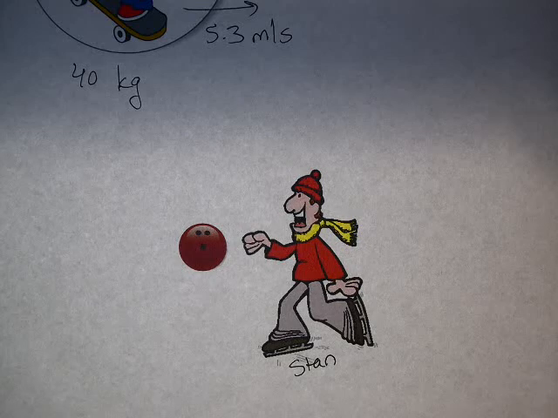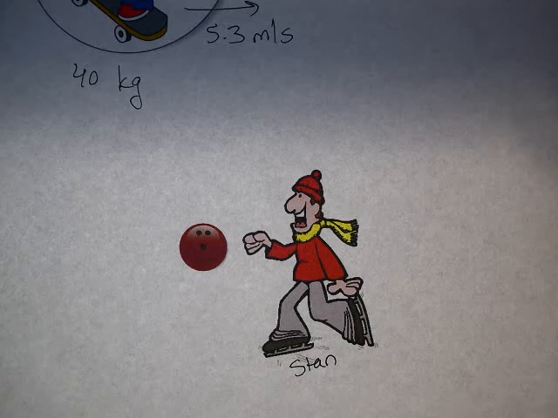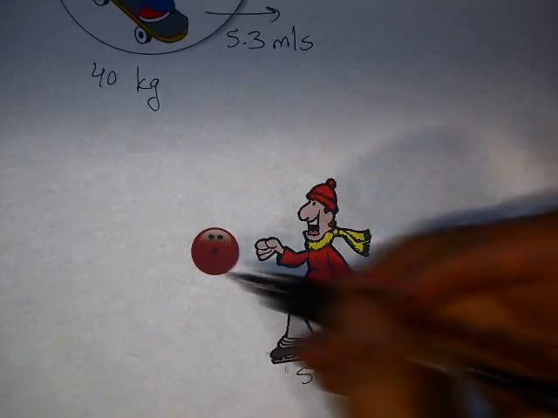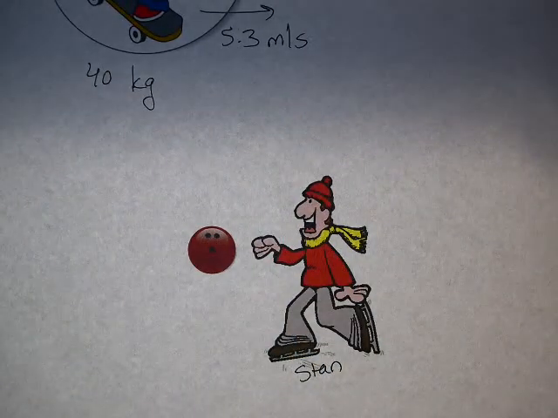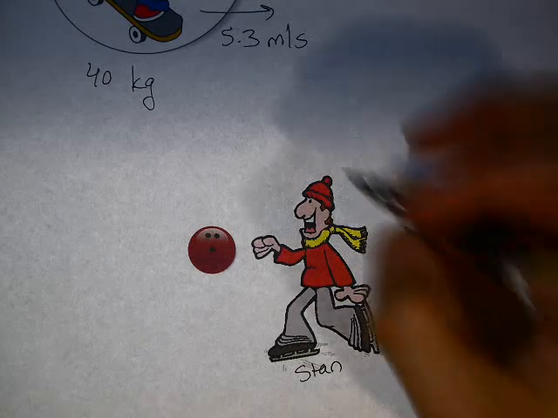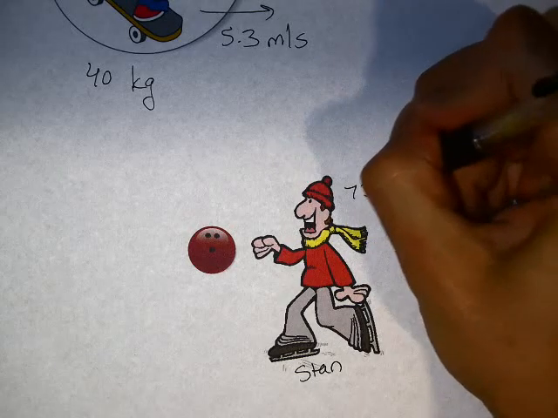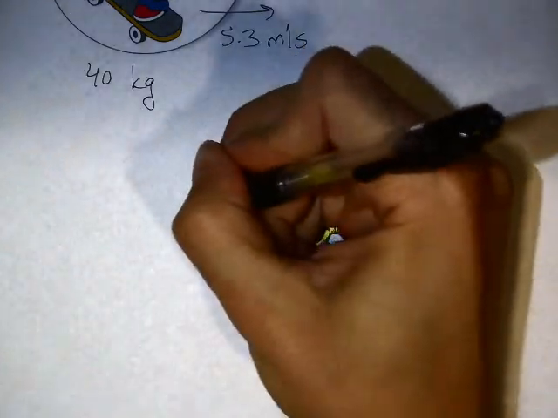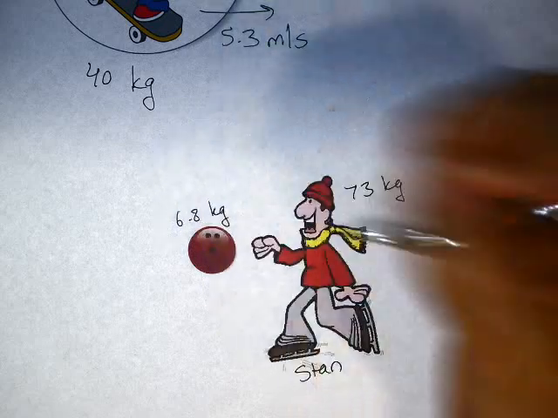The total momentum is initially 0 for both objects. He throws the bowling ball forward, or leftward really, here. Okay? And we want to figure out how he moves after he throws the bowling ball forward. Let's say Stan is 73 kilograms and the ball is 6.8 kilograms.